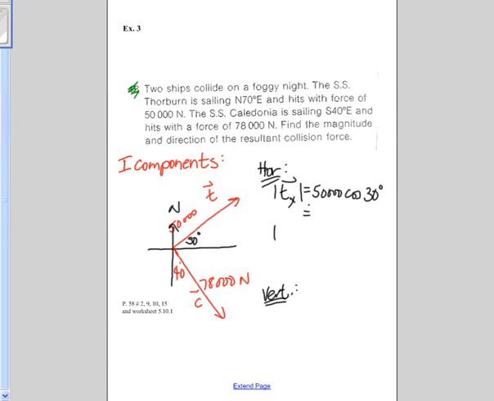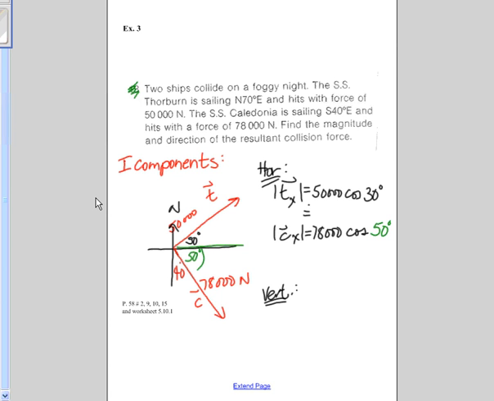The magnitude of the other vector in a horizontal direction is its magnitude, cos, the angle between it and the horizontal, so I need to use 50 degrees. I need to use the angle here because I am looking for that horizontal component right there.